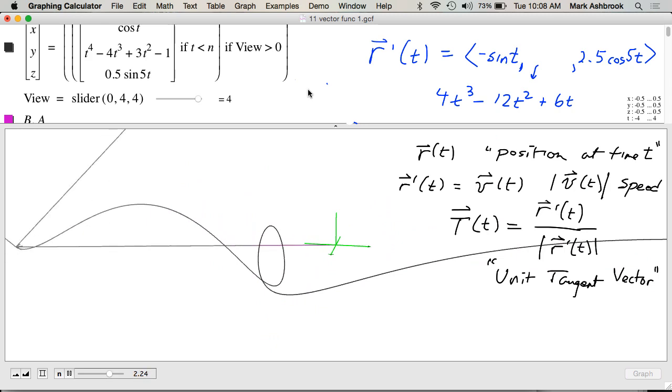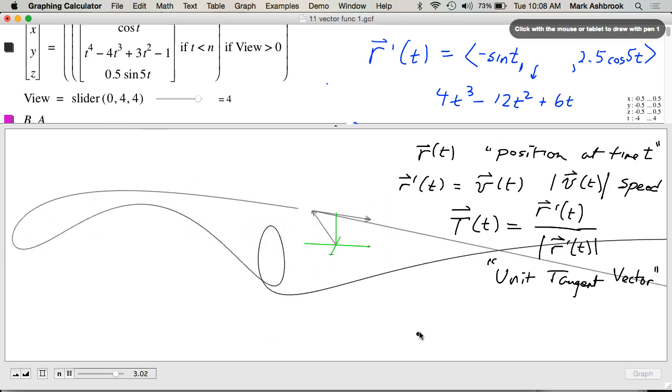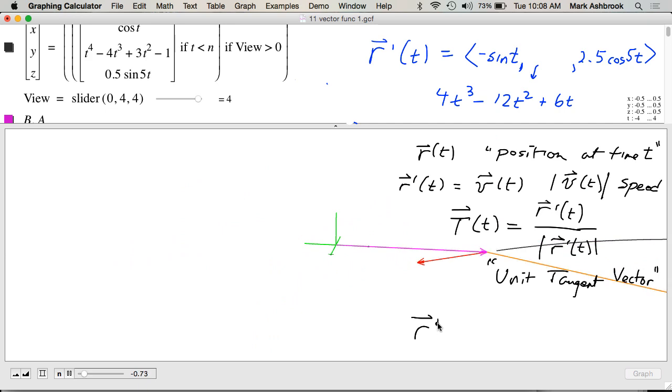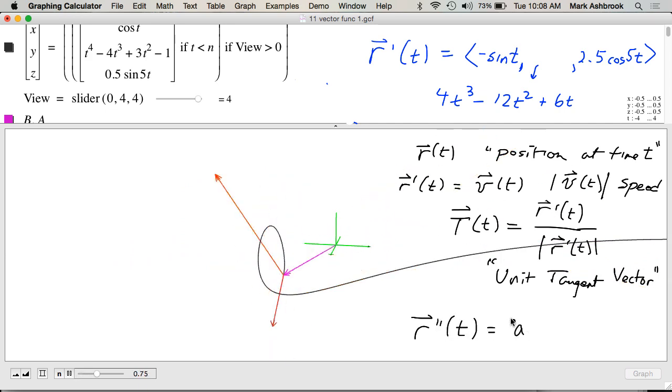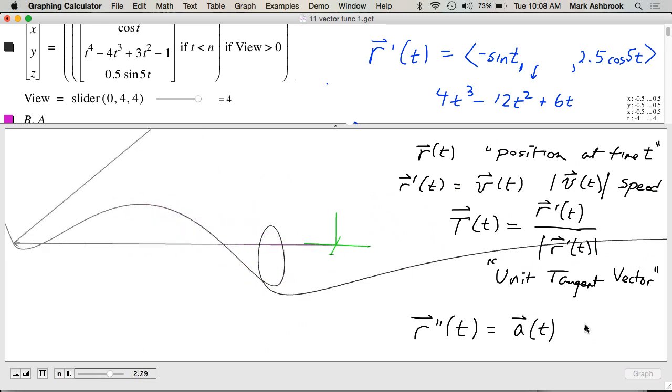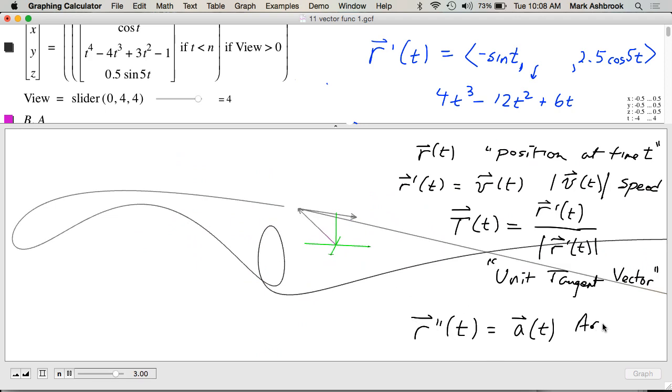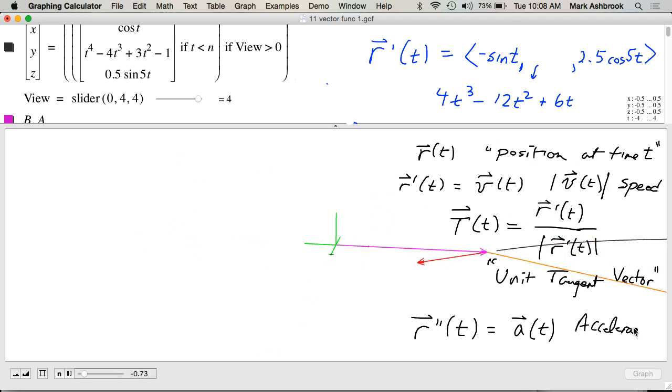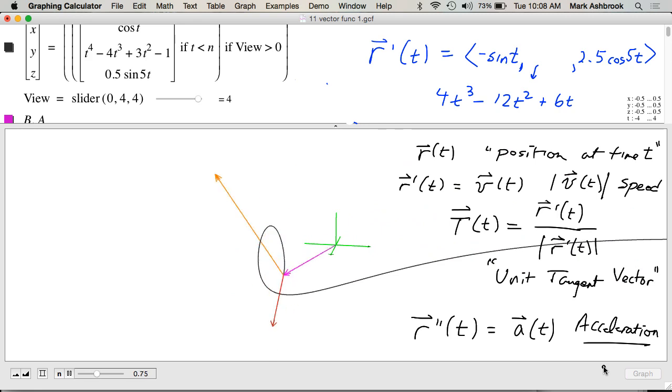This is the second derivative. And what would it be if R is a position vector? This is acceleration. And why is it so crazy? There's a reason why it's so crazy.